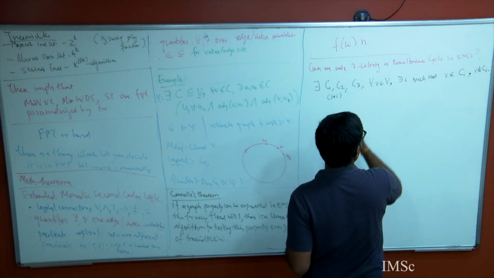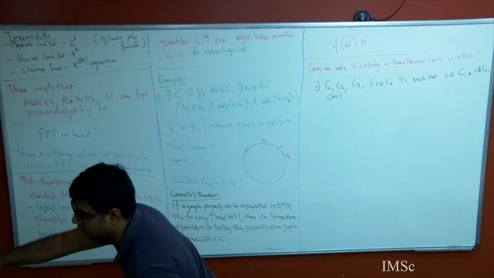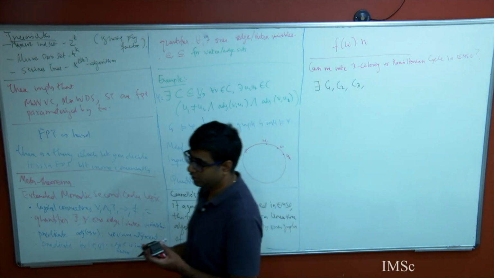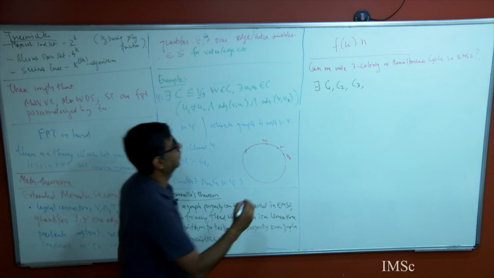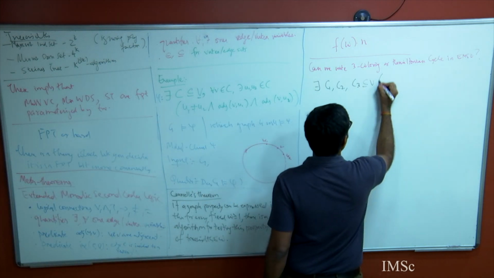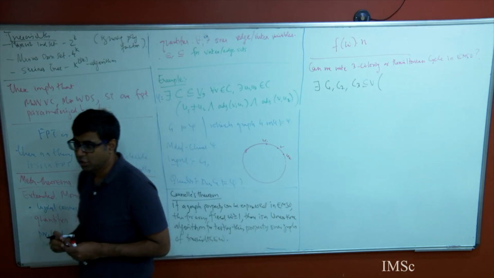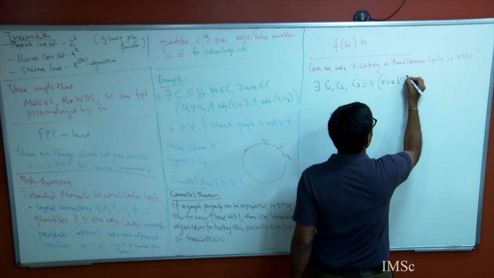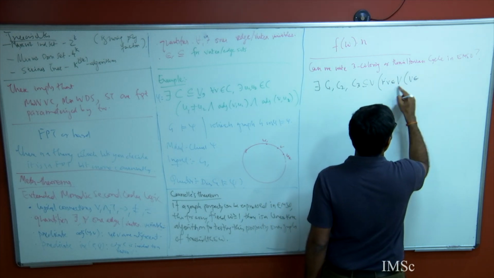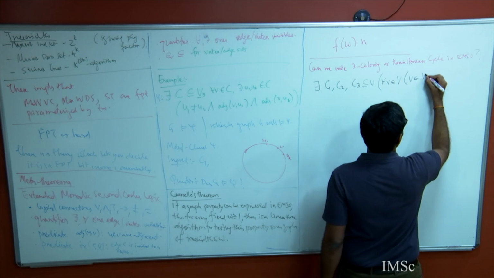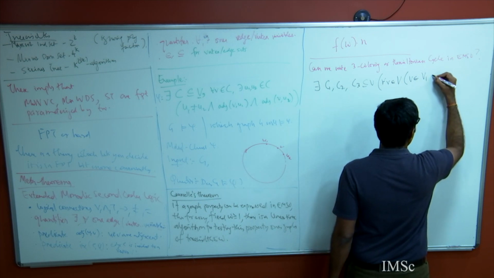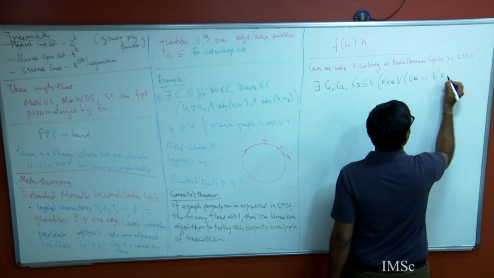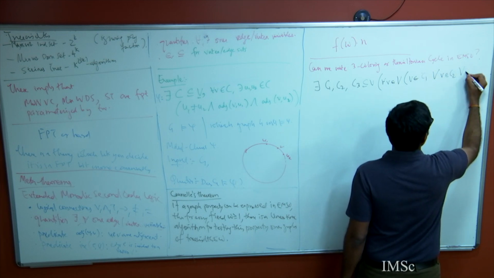Let me write it more mathematically. There exist C1, C2, C3, subsets of V, such that for all v in V, v is in C1 or v is in C2 or v is in C3.